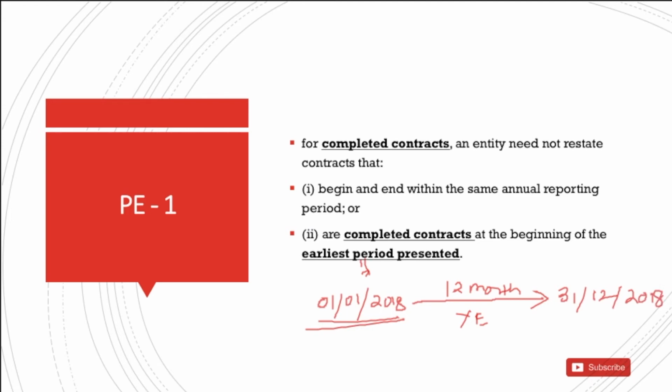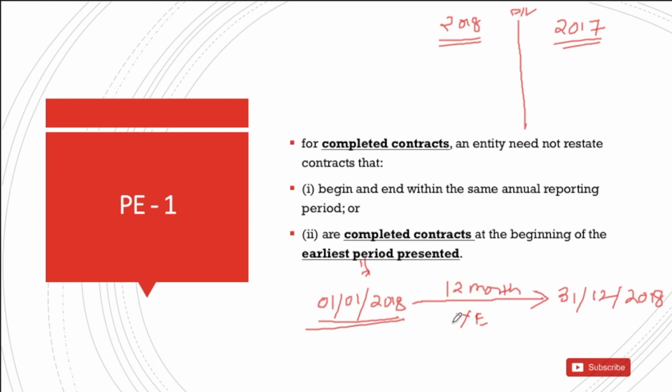As you know, when we prepare financial statements, we need to prepare the comparatives as well, that is for the prior period. So suppose you are presenting financial statements for 2018, you need to prepare the comparative for 2017 as well in respect of profit and loss, balance sheet, maybe statement of changes in equity or cash flows, for any of the financial statement requirements.